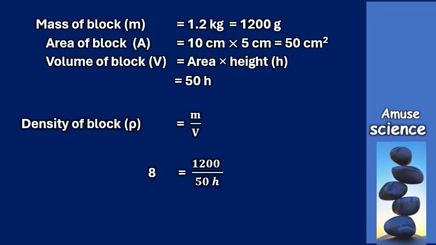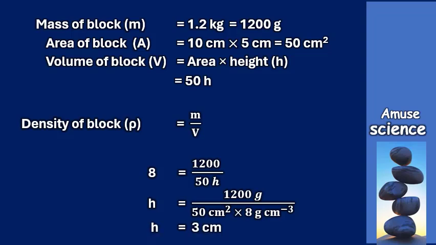Now, by making h the subject, we get h is equal to 1200 divided by 50 times 8. And by computation, our h is 3 centimeters. It's as simple as that.